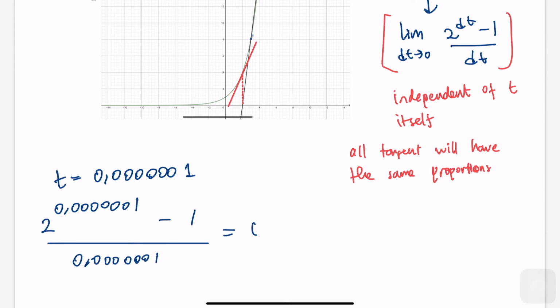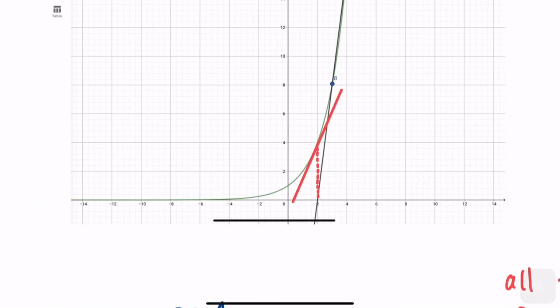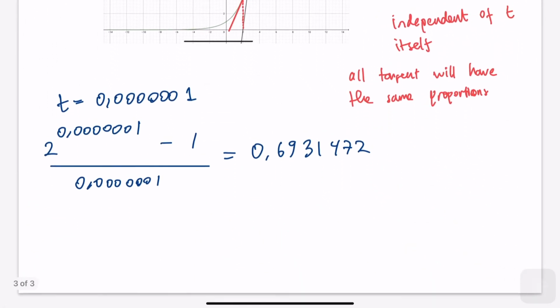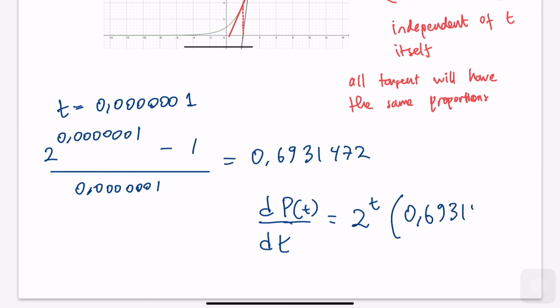This will be approximately 6931472. So every time you look at the graph, the slope will have this proportion.